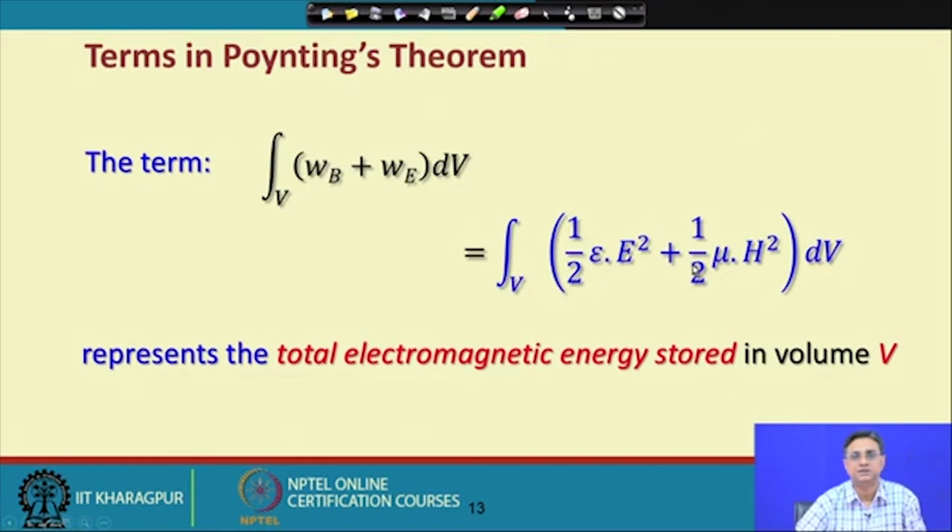Because this is the total energy density with the electric field and magnetic field, this quantity actually represents the total electromagnetic energy stored in the volume V. So, del T of that will represent the change in the total electromagnetic energy that is stored within that volume. If we place a minus sign before that, it should definitely represent that this amount of energy will be the loss.